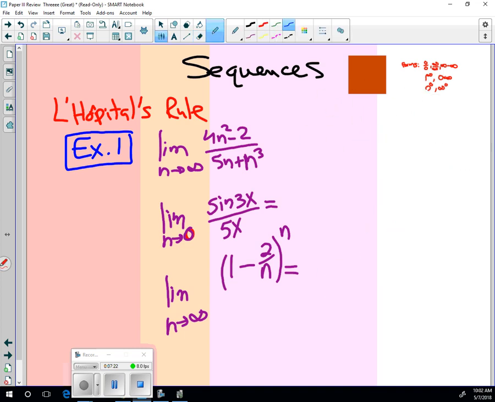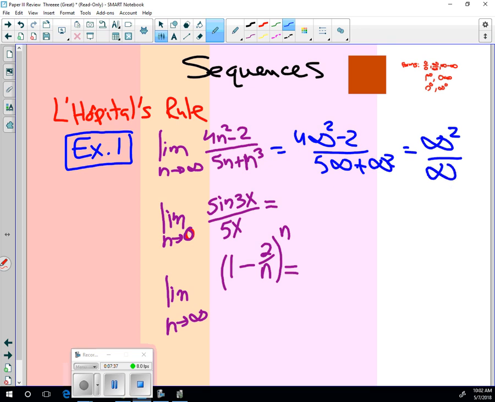Okay, so what we do first is we put the values in. So here's an easy one: 4 times infinity squared minus 2 over 5 times infinity plus infinity squared. This is just infinity squared over infinity squared. Is that an indeterminate form? Oh, this one's cubed. Oh, okay. So still, is that an indeterminate form?